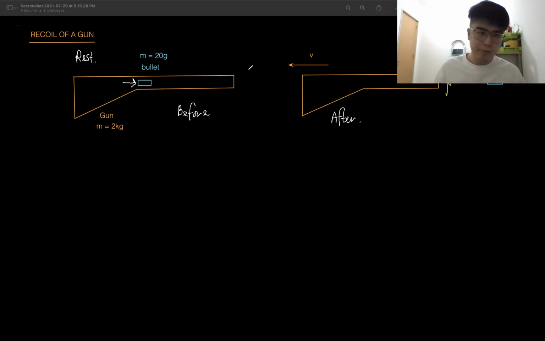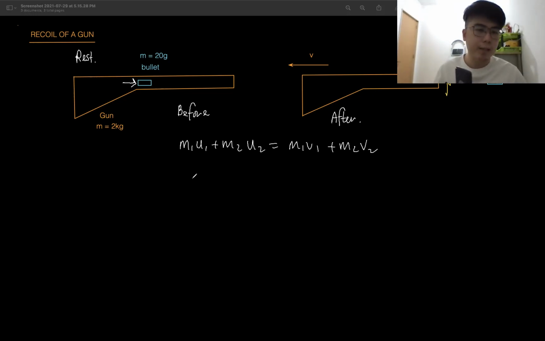Momentum is conserved. So if momentum is conserved, then we can write m1u1 plus m2u2 equals m1v1 plus m2v2. Okay, let's take m1 as the gun. So m1 is 2 kg. Before, u1 and u2 are all 0, right?